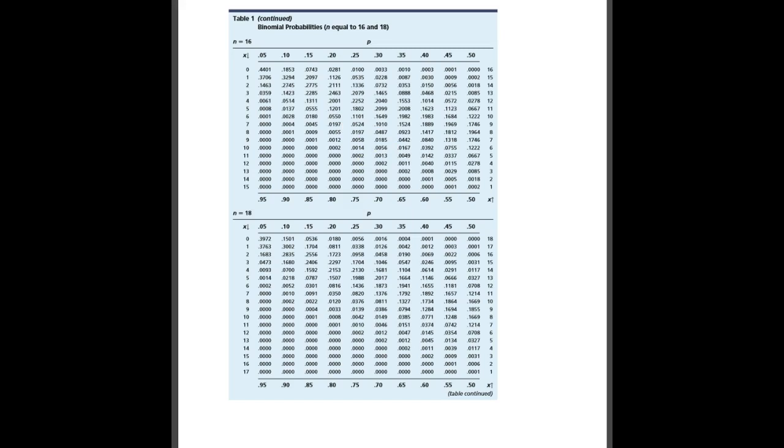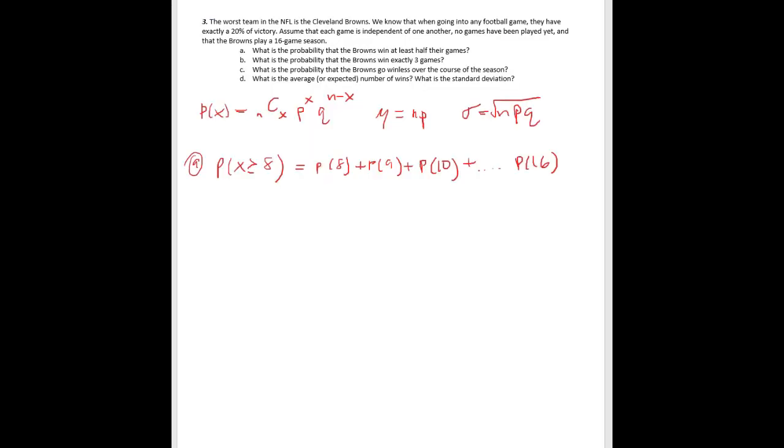That is equal to 0.0069. So a really, really minuscule chance, less than a 1% chance. And I do want it in decimal form. I don't want you putting things in percentages.